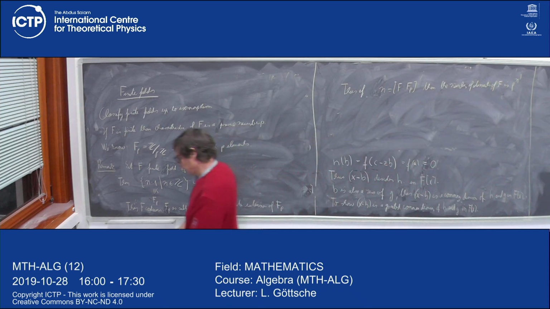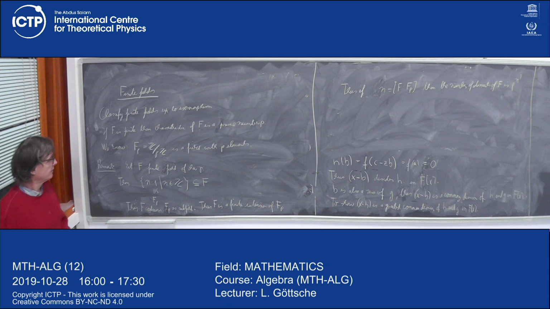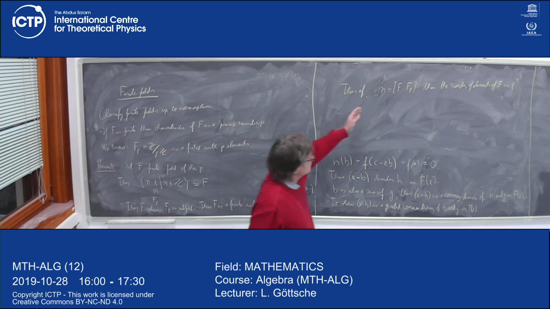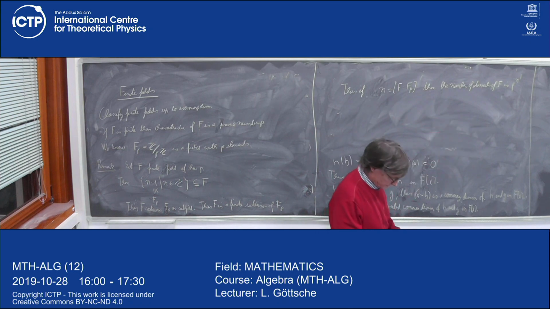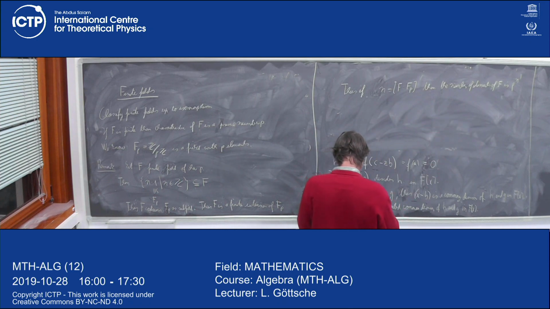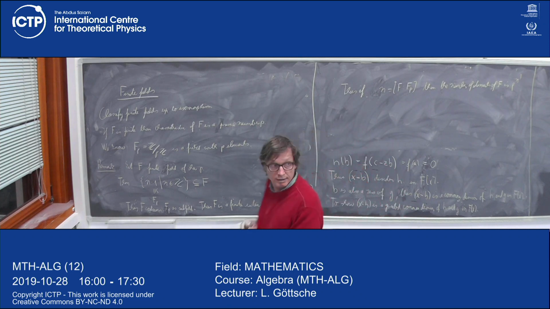So we have now found out that the possibilities for the number of elements in a finite field are only the powers of a prime. Okay? And now my time is up.